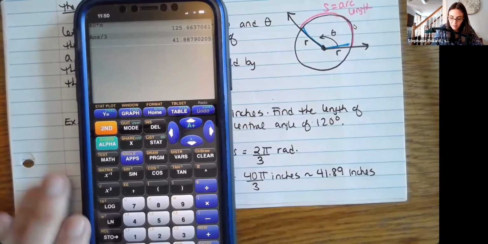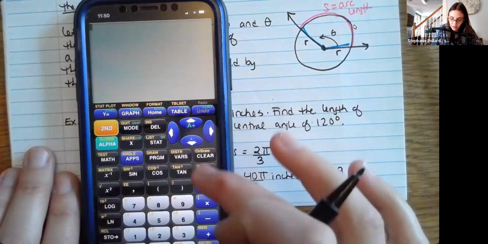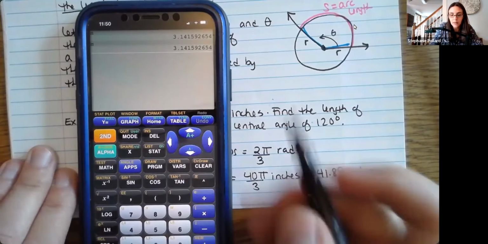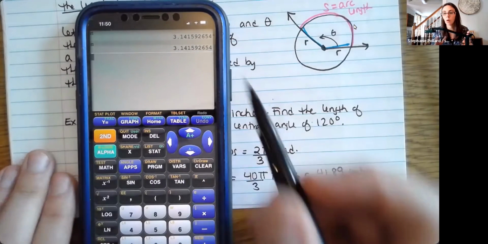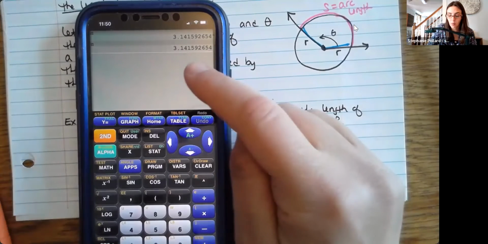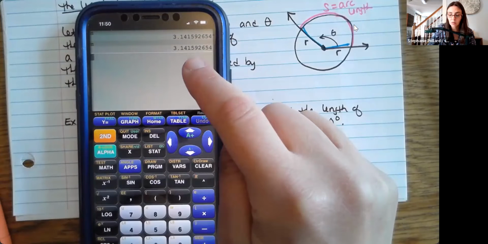If you don't have pi on your calculator, then you can go ahead and just use this here. I would use all the decimal places though. I wouldn't just use 3.14. You're going to have a lot of rounding error if you do that. So make sure your calculator has the pi feature, but if it doesn't, then you want to use 3.141592654.